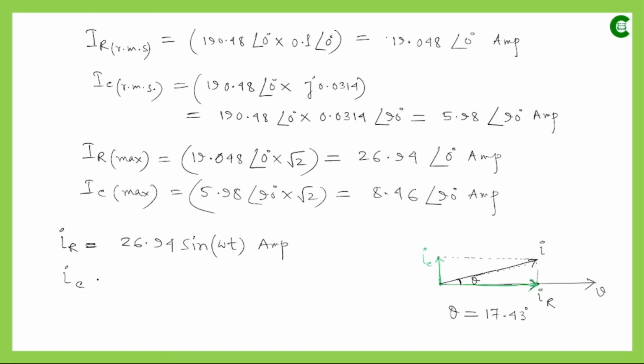And for IC it will be 8.46 sine of omega t plus 90 degree. For a purely capacitive circuit, the phase difference is plus 90 degree. So with this I end today's class. Thank you.